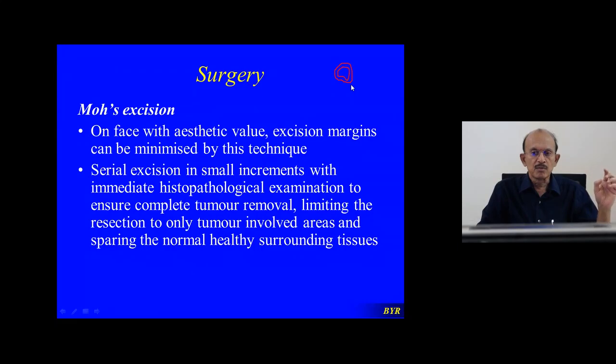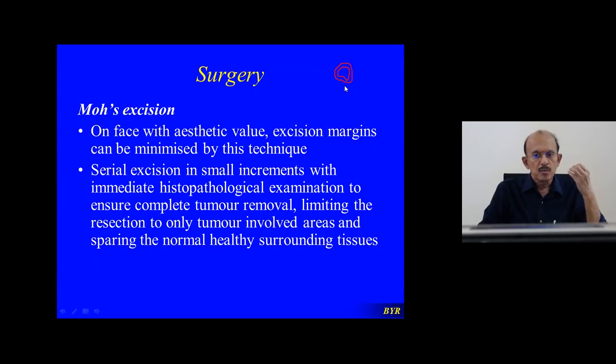If the biopsy report comes that the excision margins still have tumor cells, then again do another 0.2 centimeter margin excision. So you do serial excisions in small increments till the biopsy report comes negative for tumor cells. That means whatever is needed, that much only you excise, because it is the face.